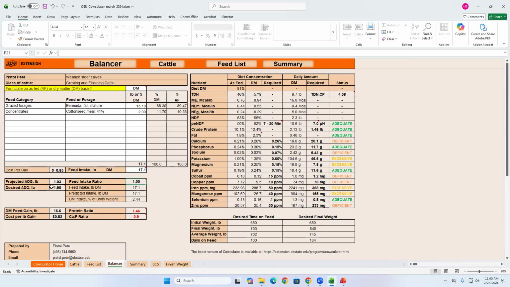Feed intake ratio is 1. Okay. With the supplement, this animal is now projected to gain 1.0 pounds a day. Where without, it is 0.72.